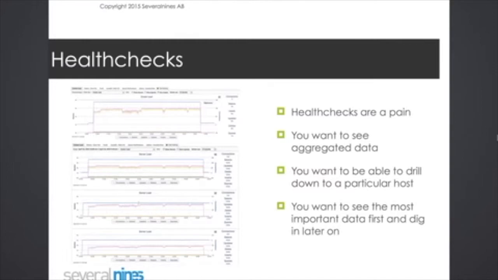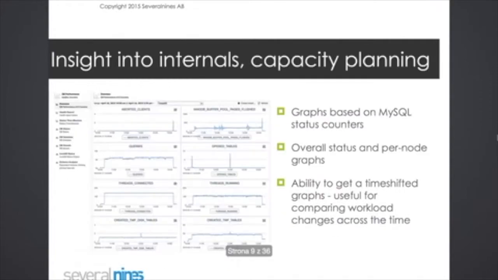In ClusterControl, there's this overview section with a couple of predefined graphs, and you can add more graphs should you wish to, something more meaningful for your particular workload. But in general, the idea is to have a couple of graphs that give you the most important information about the health of the cluster, and then if something is not right, you want the ability to dig into the internals.